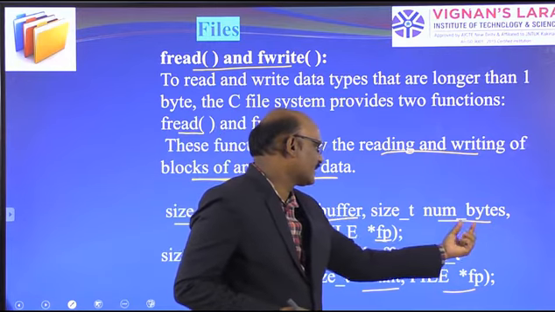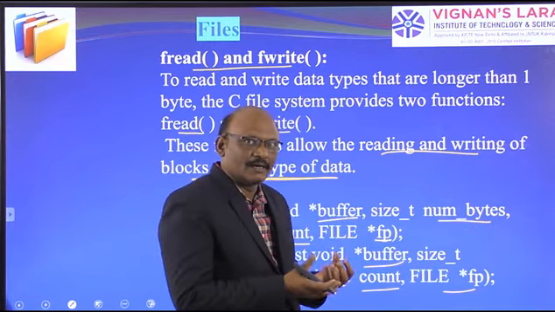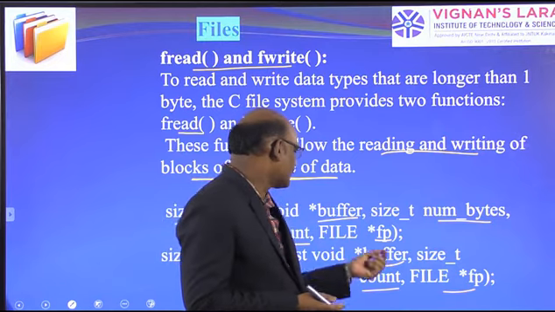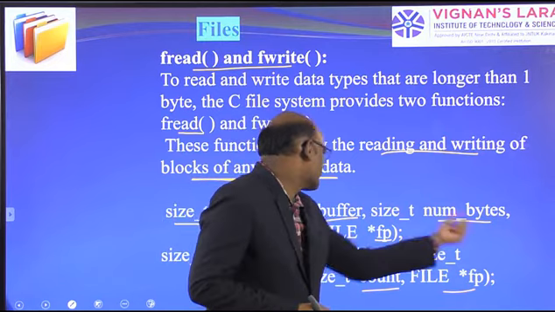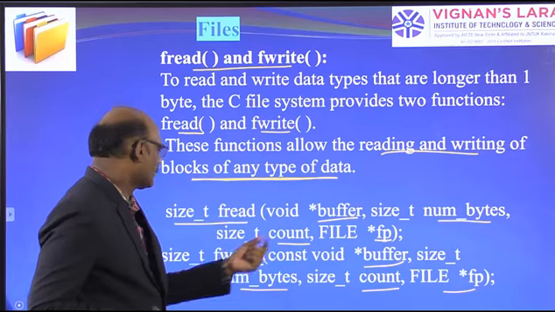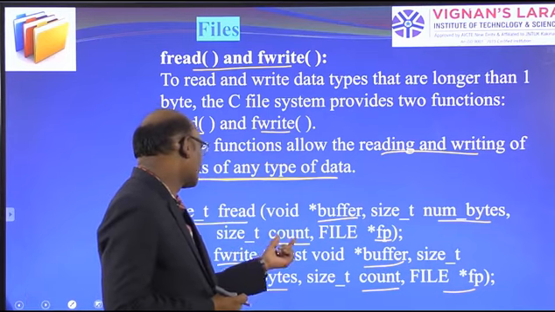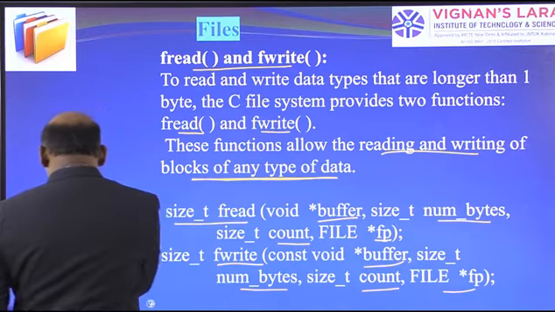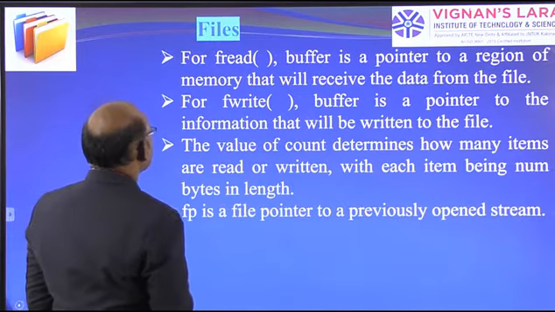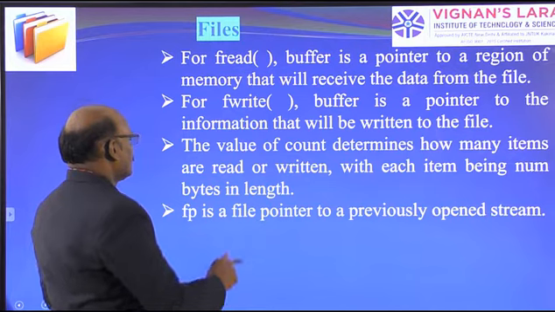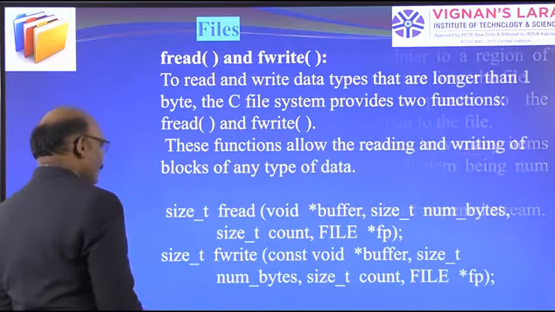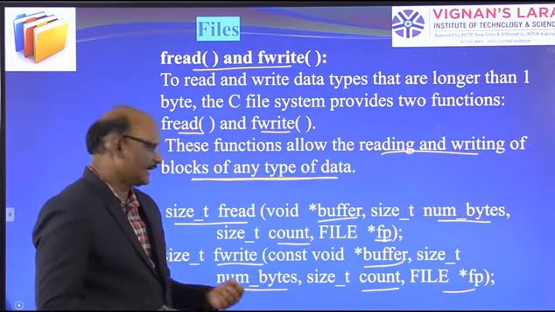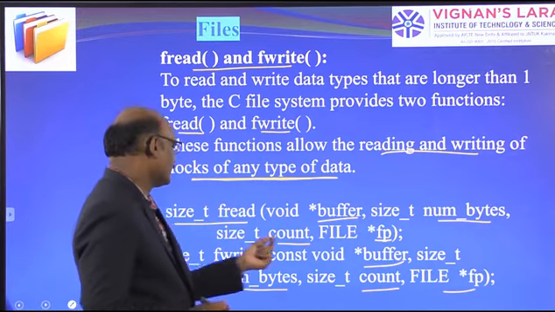Here we specify the number of bytes to be transferred from the file to the buffer. Next, count represents how many items are to be read.